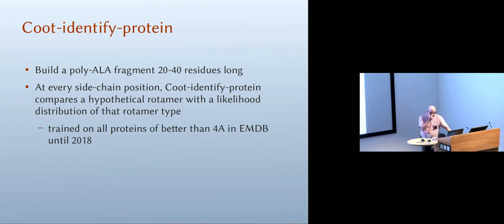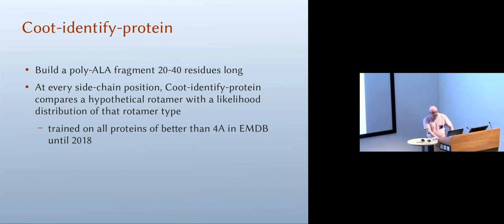Coot-identified protein, which is a separate program, compares a hypothetical rotamer at that position with the likelihood distribution of that rotamer type, and it's been trained on all proteins better than 4 angstrom in the PDB. So it has a probability distribution for those side chain positions given that side chain orientation.